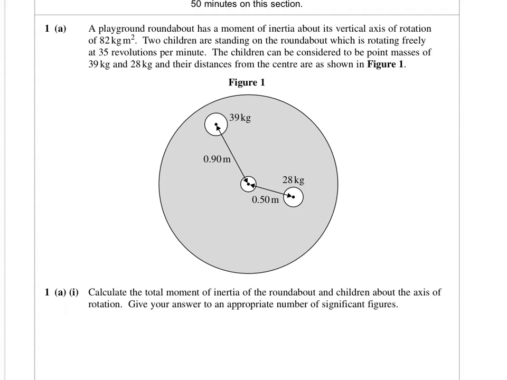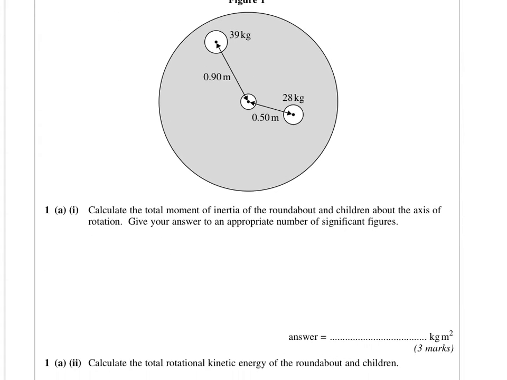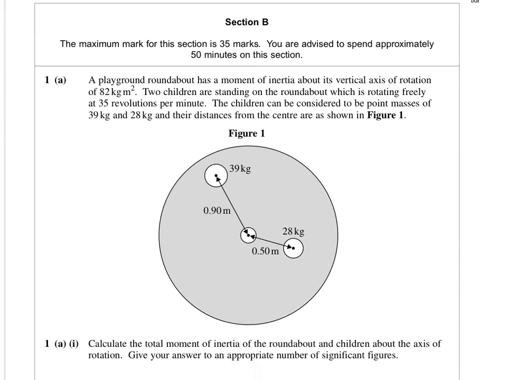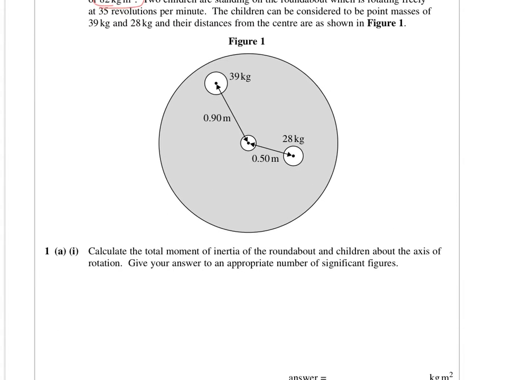We're going to model the children as point masses with the masses given, and we've got the distances. So we want to calculate the total moment of inertia of the roundabout, including the children. The first key thing to realise is that you've been given the moment of inertia of the roundabout, and you've got the mass and the distance of the two children.